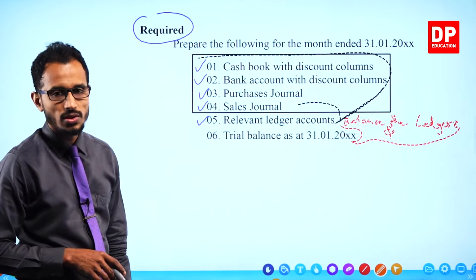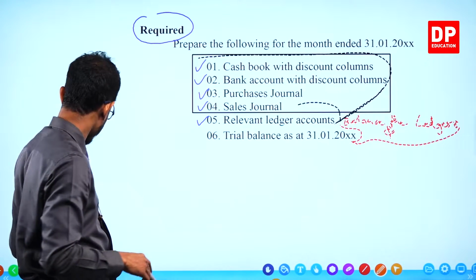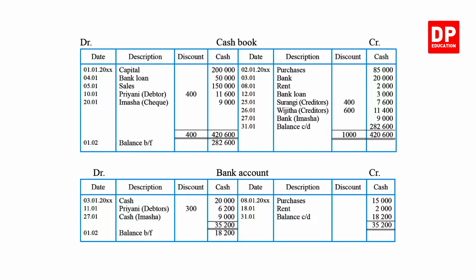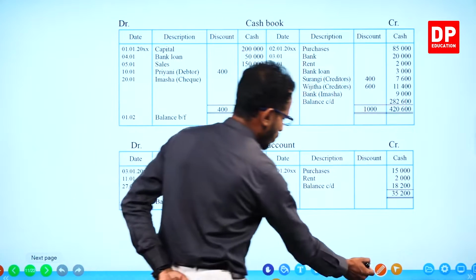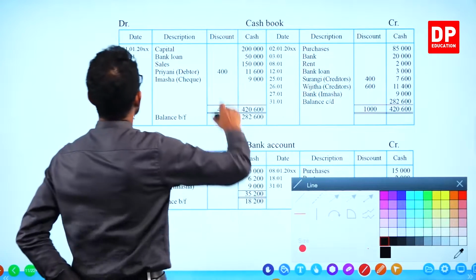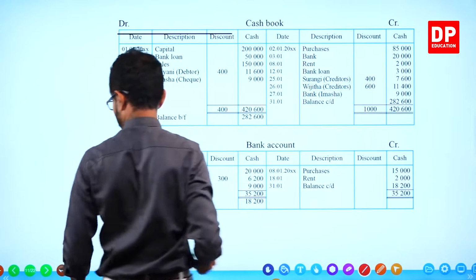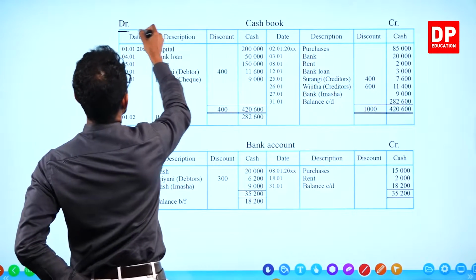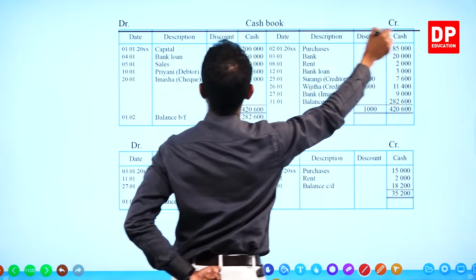First, let's draw the cash book and bank book. Here you go, cash book and bank account. Notice how the cash book is drawn. I'm not going to explain these things again and again.